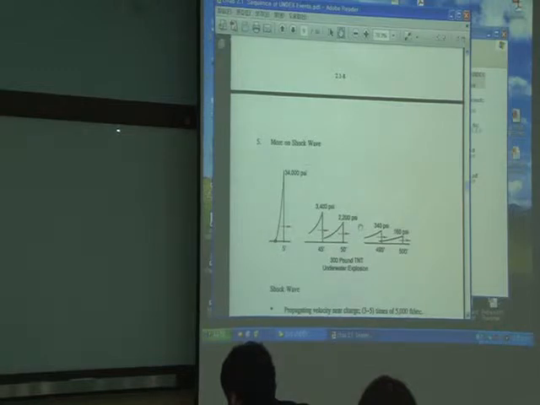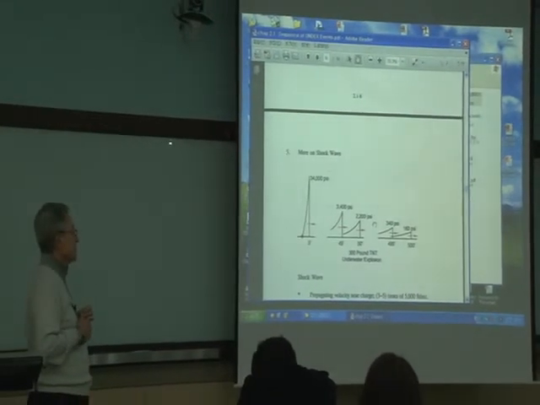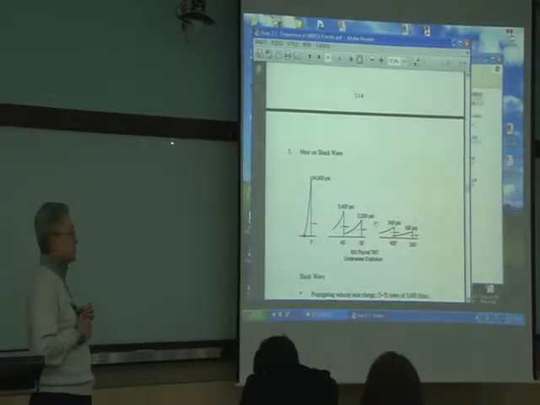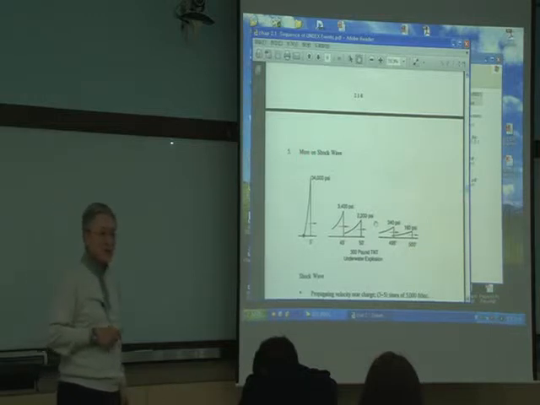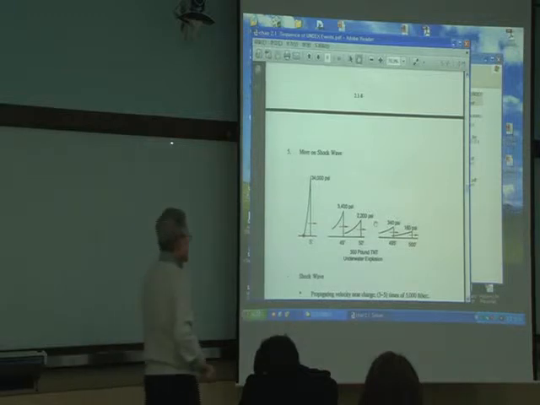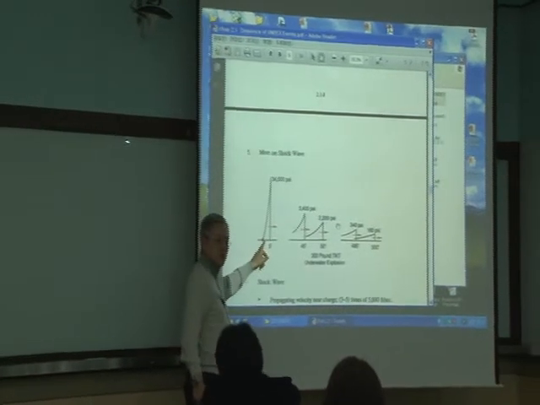And when I wrote this note some years ago, I wrote something, then afterward I felt, geez, I should talk some more. That's why it has more on the shock wave. This is the location of the explosion, okay?